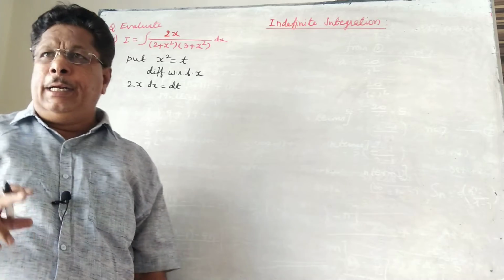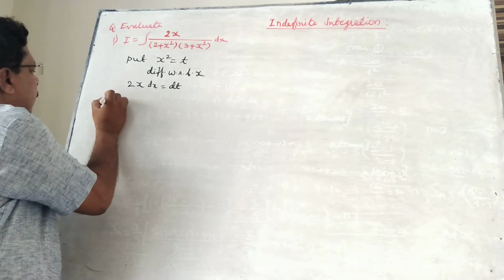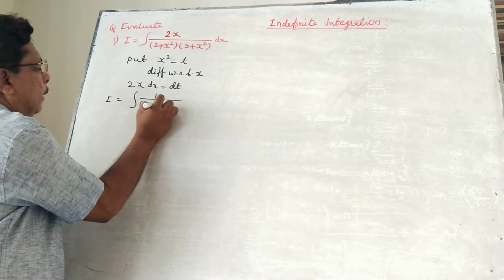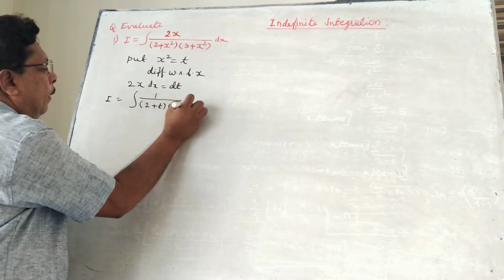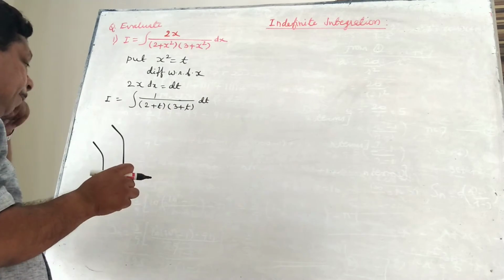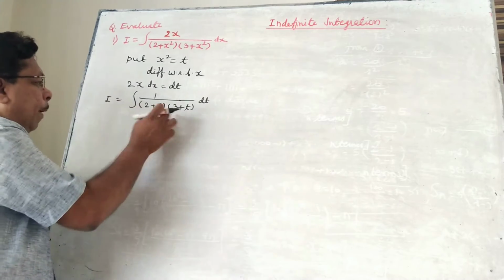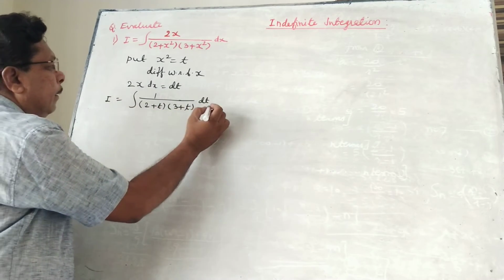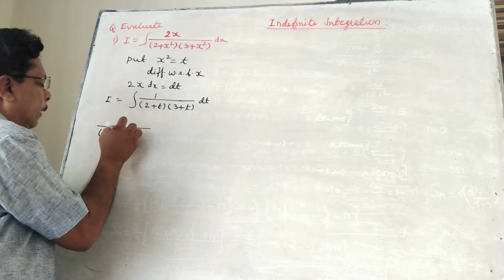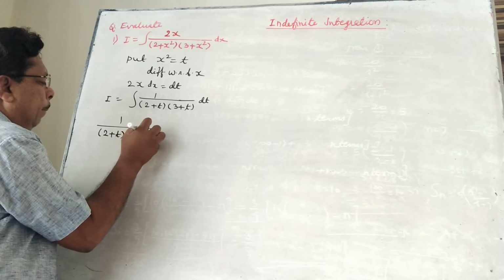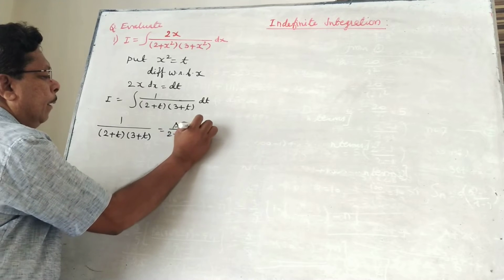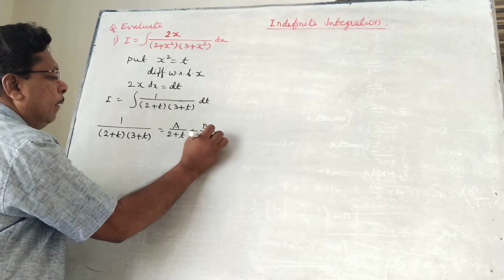Now the new integral in terms of t is I is equal to integration 1 upon (2 plus t) into (3 plus t) dt. Now find the partial fraction constants. Two factors are there. Take this term: 1 upon (2 plus t)(3 plus t) is equal to a upon the first factor 2 plus t, plus b upon the second factor 3 plus t.